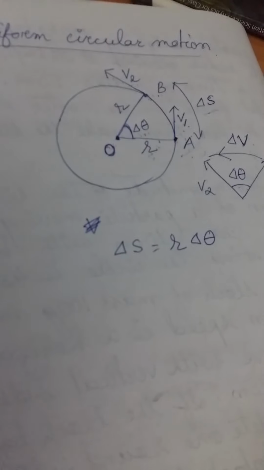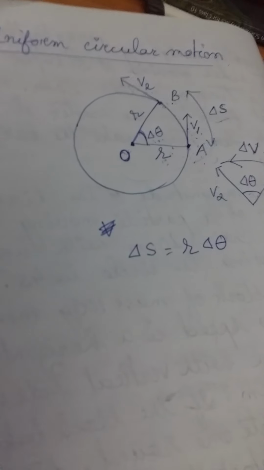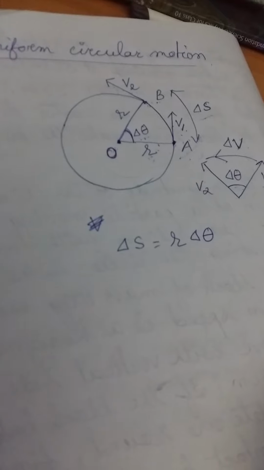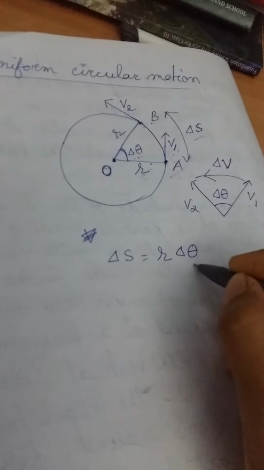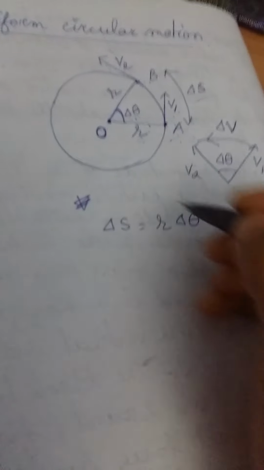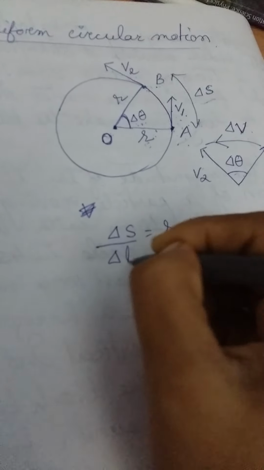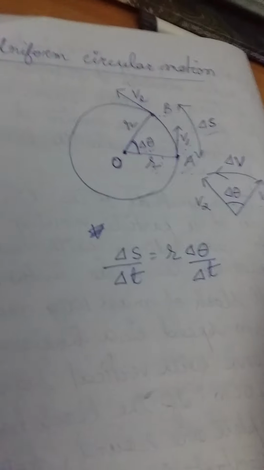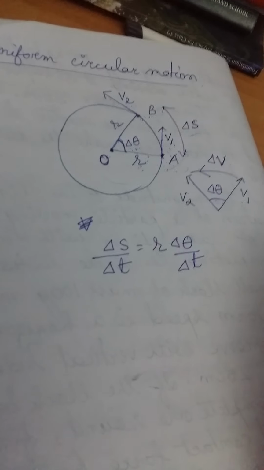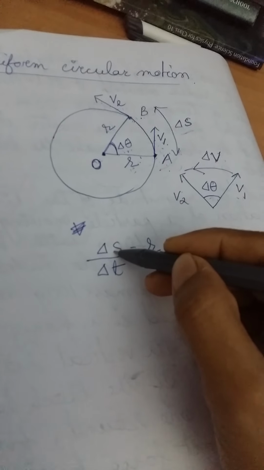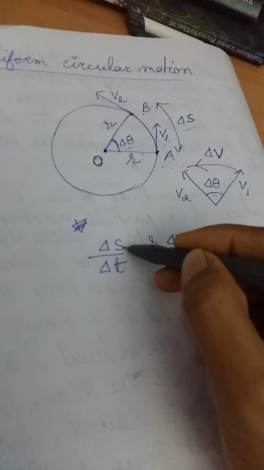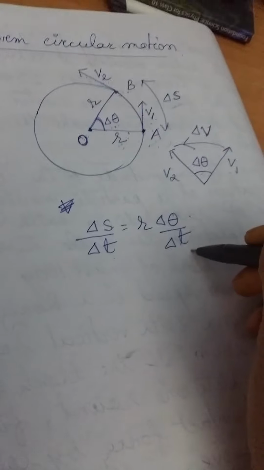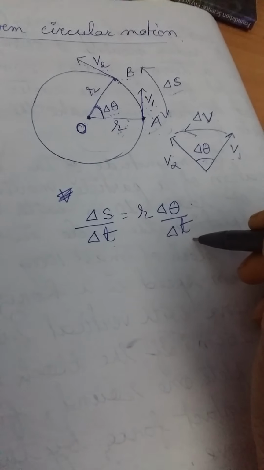Let del t be the time taken by the body to cover the distance A to B. Suppose we divide this equation by del t. Then del S by del t equals R del theta by del t. Del S by del t is the displacement divided by time interval, and del theta by del t is the angular displacement divided by the time interval.